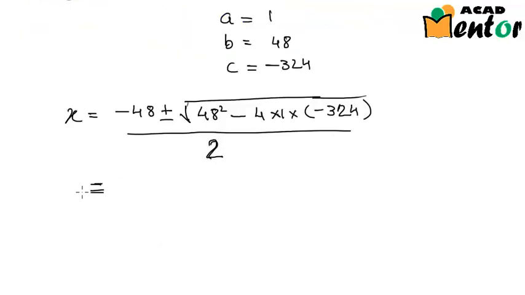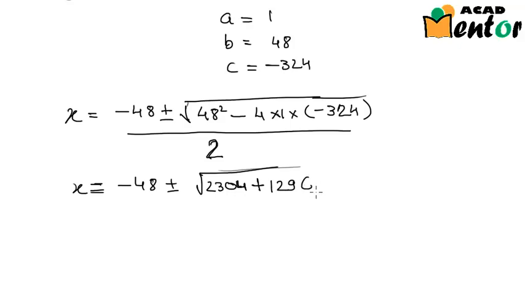That would give us x equal to minus 48 plus minus under root of, so 48 square is 2304. You can calculate it, and here minus into minus would give me a plus, and 4 into 324 would be 1296. So under root this whole over 2.